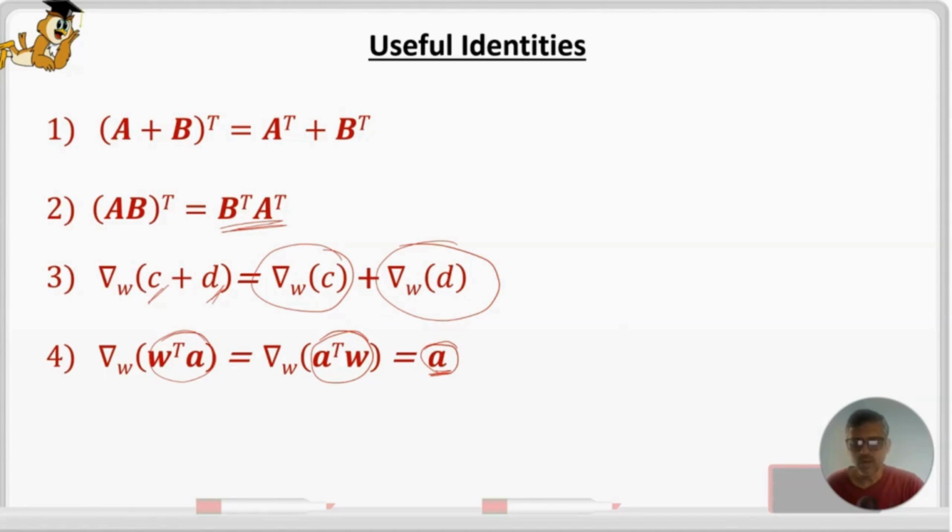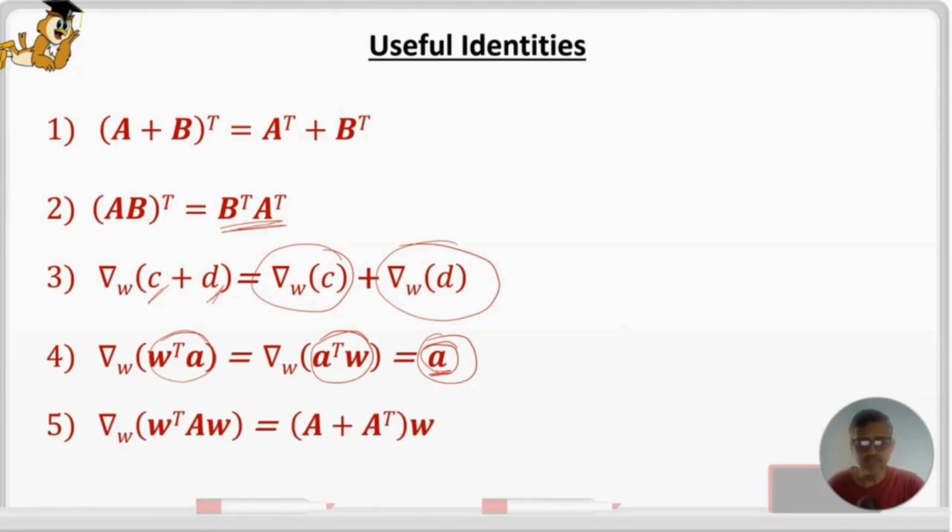How do you prove this? You can prove this simply by choosing values of W and A, say W0, W1, W2, and so on, expand W transpose A or A transpose W, and then differentiate the result with respect to each of W0, W1, W2, etc. Put them in the form of a vector and you will get A. So this is identity number 4 that we are going to be using.